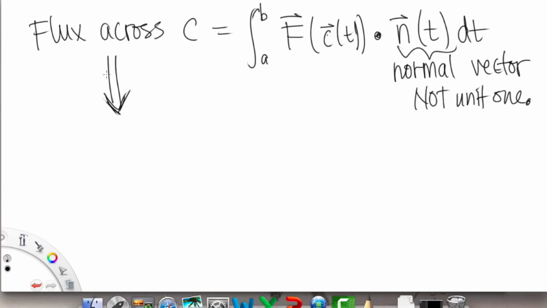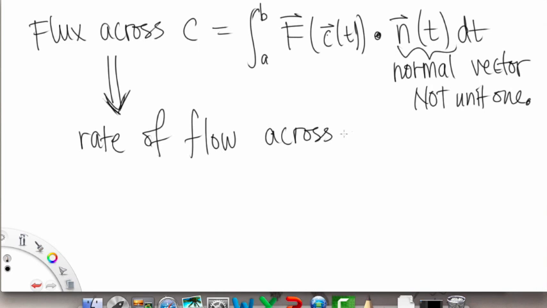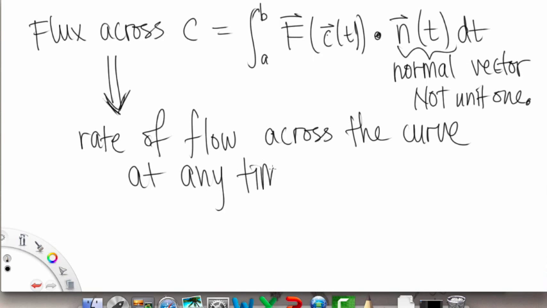So what the flux is conceptually is the rate of flow across the curve at any time. Let's say you have a curve, this is your curve C of t.